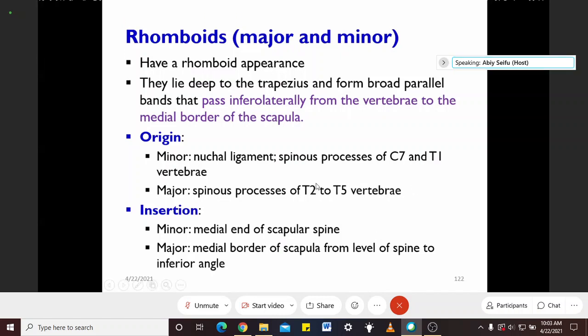The minor one, found superiorly, originates from the nuchal ligament and spinous processes of C7 and T1, whereas the major arises from the spinous processes of T2 up to T7.